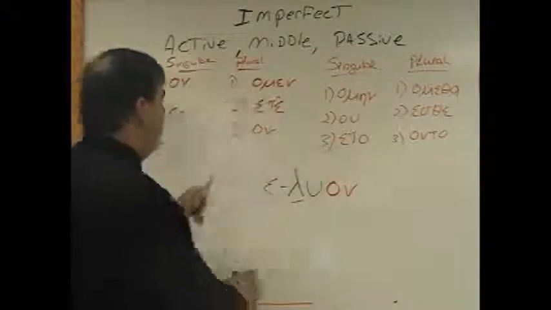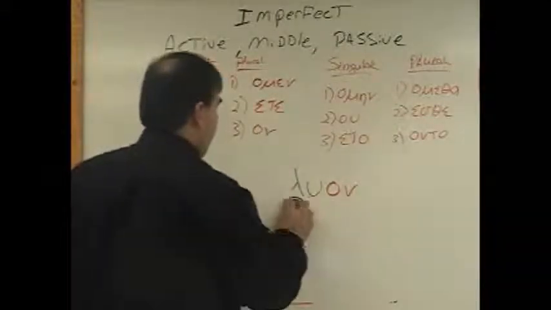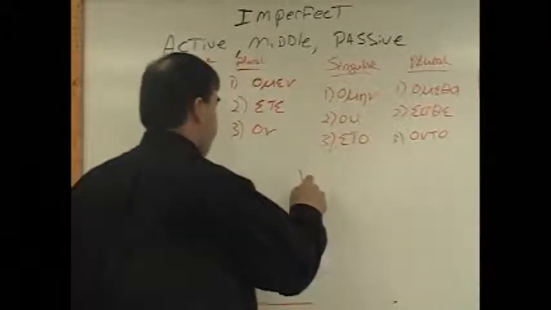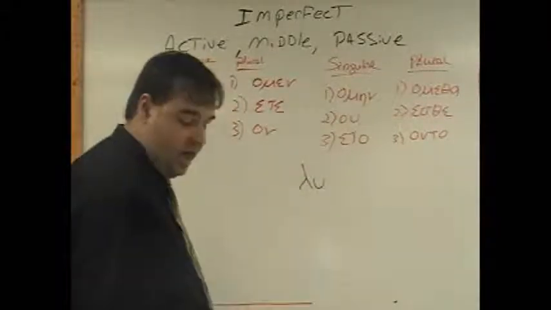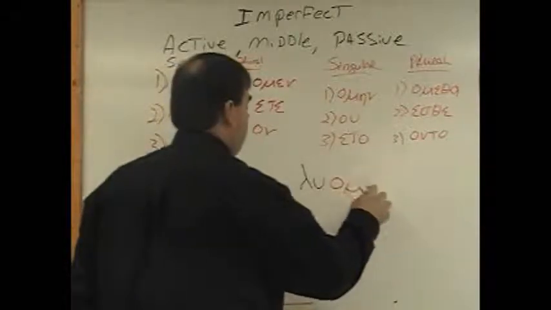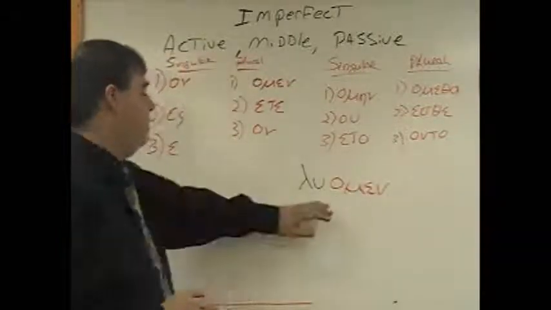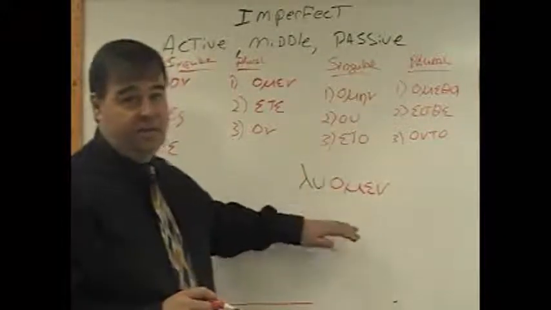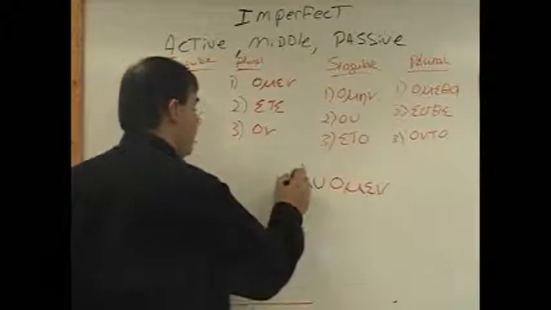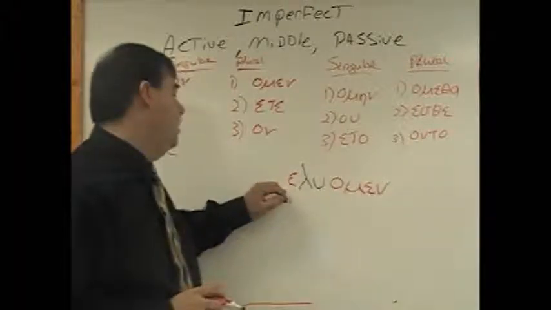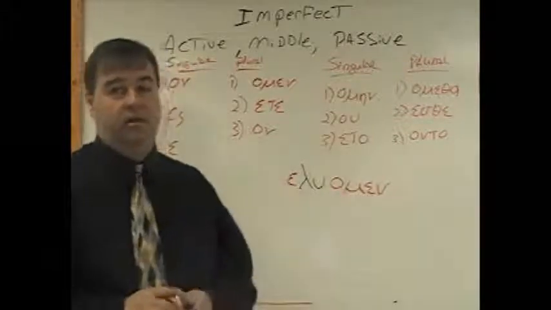So, we talked about the plurals that look the same. Well, let's look at this. First of all, let's put our lu back up. Now let's put that ending on there, lu-omen, and you think, well, there's no difference. This would be a present active indicative, first person plural. But whenever we put that augment on the stem over here, then it's e-lu-omen.